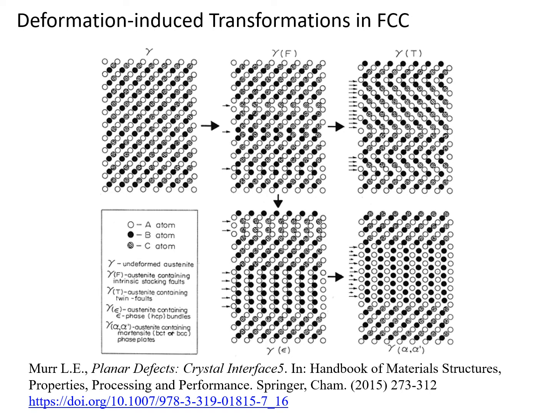Don't want to get too wound up on this, but just so you're aware that there are these bulk transformations, which can either be a martensitic transformation here, or it can be a twin transformation. Just a simple shear.